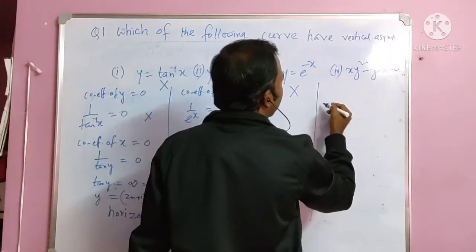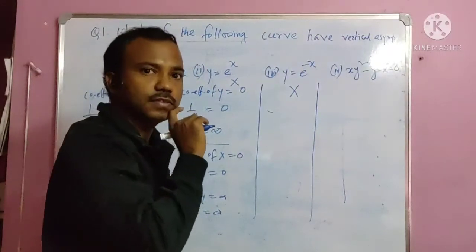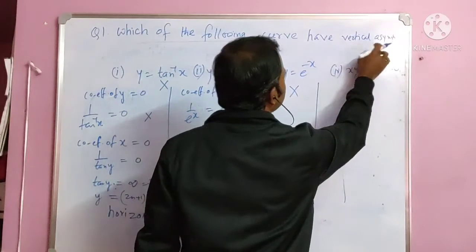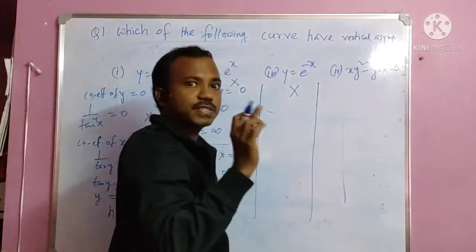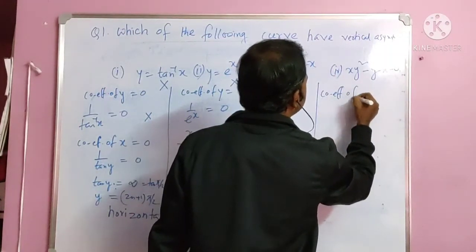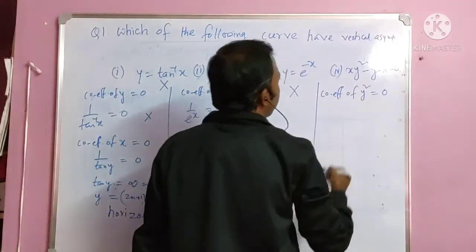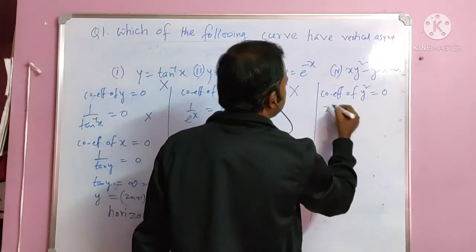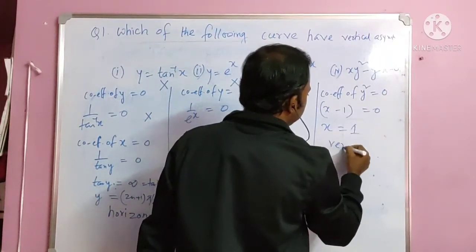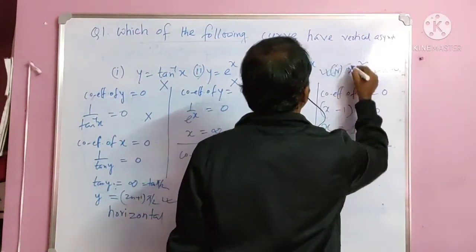Since we need the vertical asymptotes, we just calculate the coefficient of y. The highest power of y is y squared equals 0. This gives x minus 1 equals 0. This gives x equals 1, which is a vertical asymptote. Okay, so this option is right.